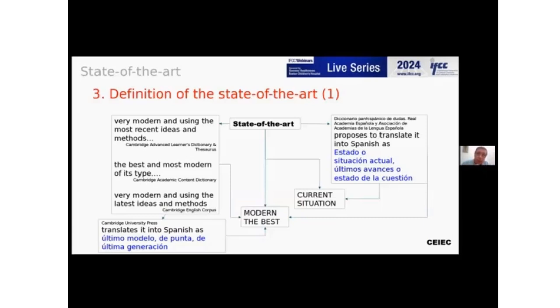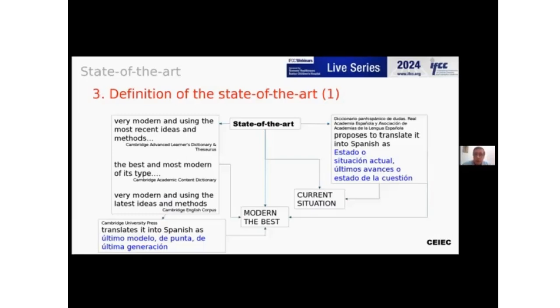Interestingly, Cambridge translates the concept of state-of-the-art into Spanish as the latest model, the cutting edge, while the Royal Spanish Academy and the academies of the Spanish-speaking countries present state-of-the-art also as the latest advances, but also as current status or state of the issue. That is, there is a duality from the Spanish point of view to consider the state-of-the-art both the current situation and the most modern or the best.